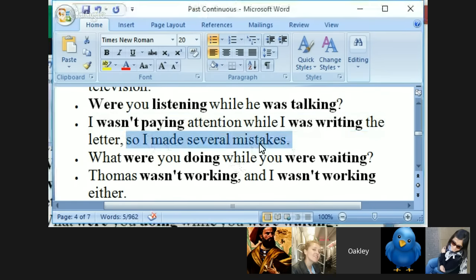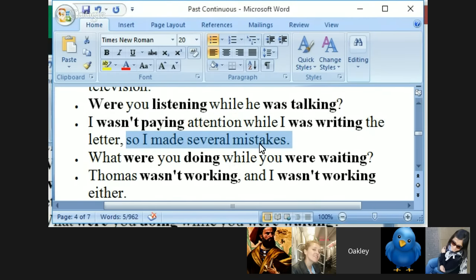I made several mistakes. So these are interrupting actions, mistakes, and even more than one. So we're reflecting a couple different uses at the same time: parallel actions and an interrupting action.